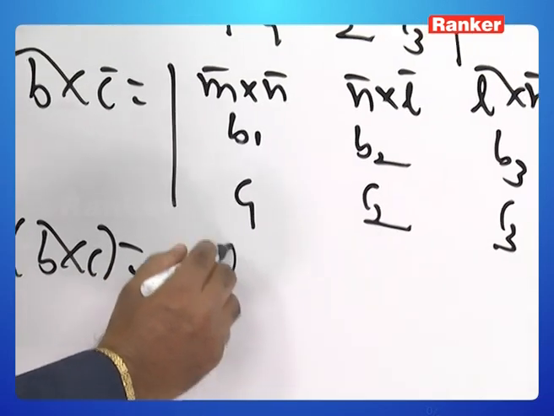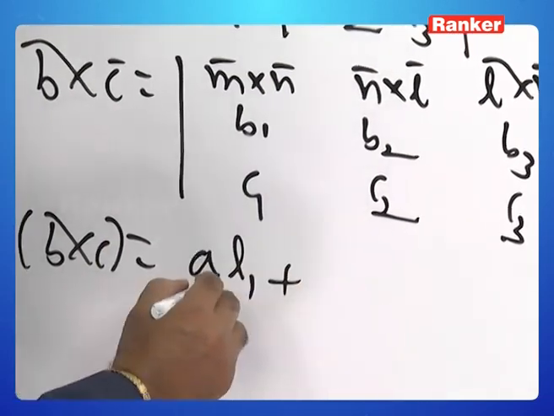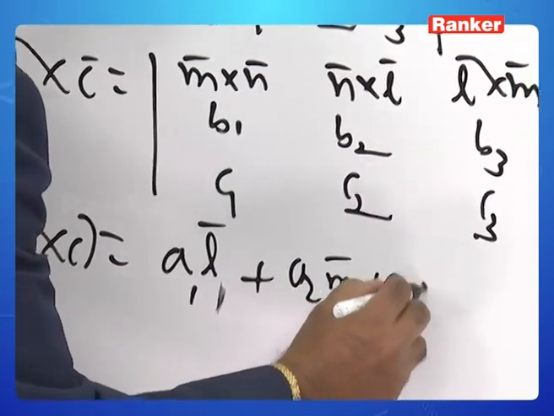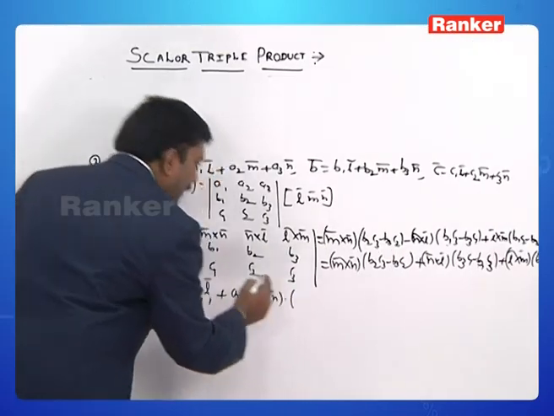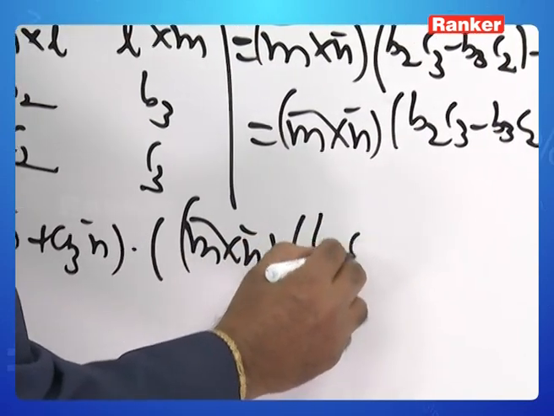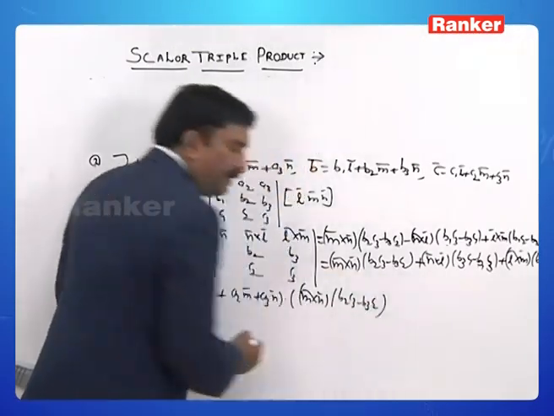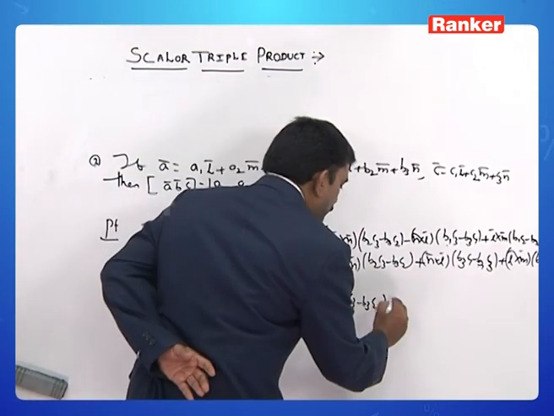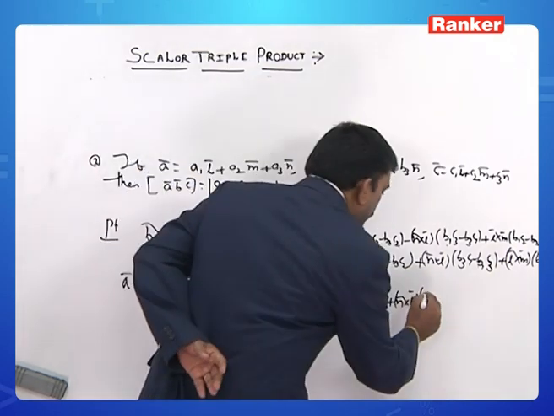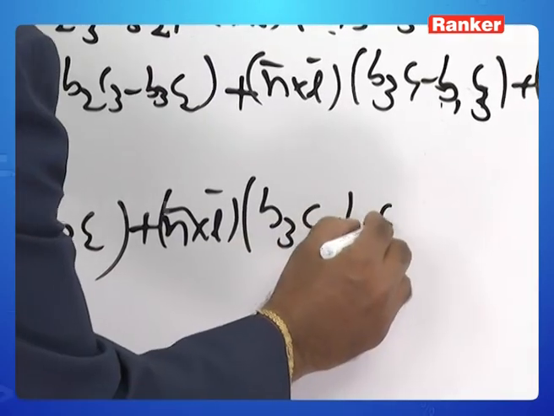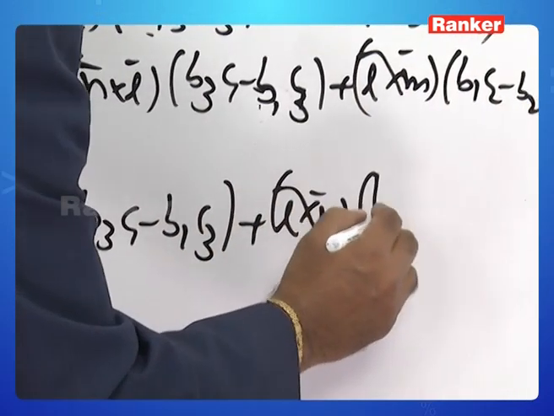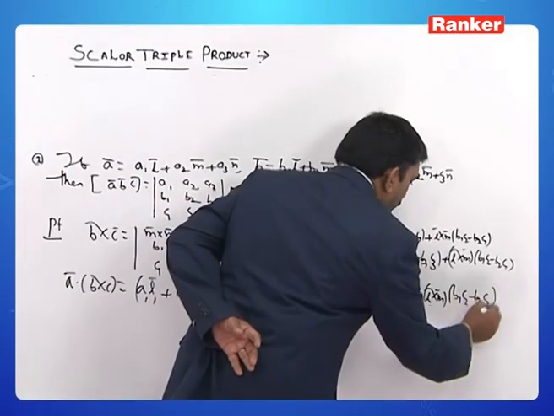I can write A1 into L bar plus A2 into M bar plus A3 into N bar, dot, M bar cross N bar into B2C3 minus B3C2, plus N bar cross L bar into B3C1 minus B1C3, plus L bar cross M bar into B1C2 minus B2C1.